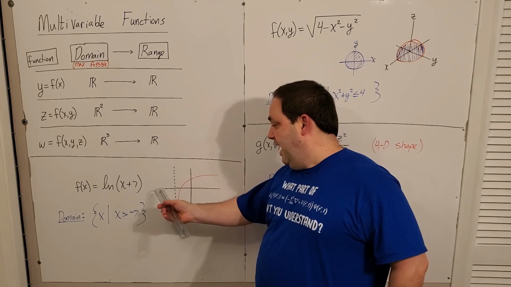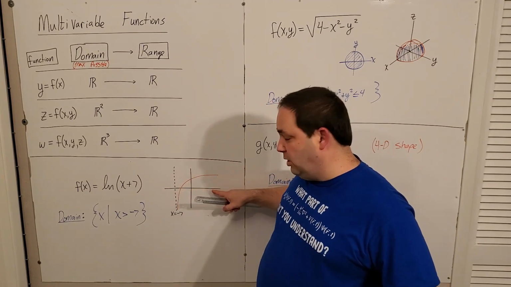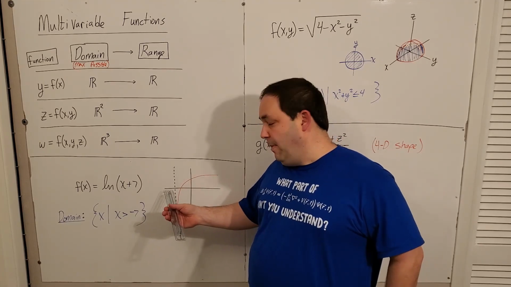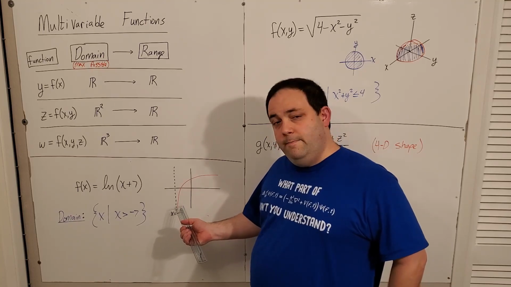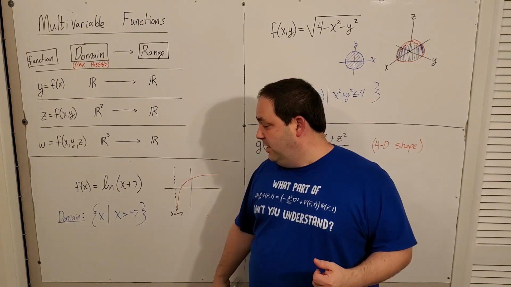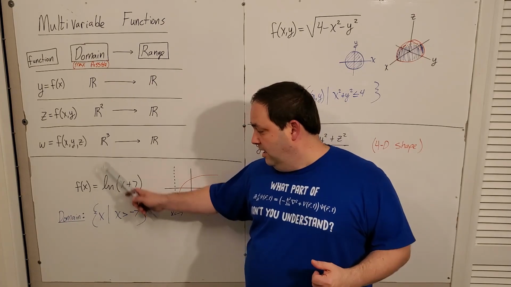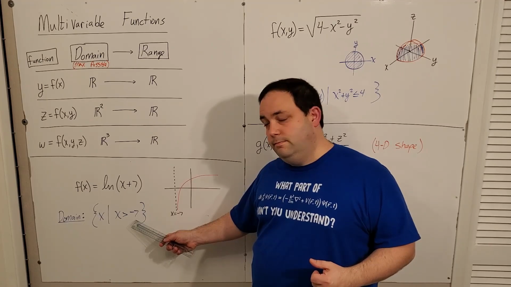R1 is just this x-axis number line. That's what R1 is, just this number line here. And that's where my domain is. You'll notice from -7 on up, those are all values that my x can be. So that's my domain here: the set of all x's such that x is greater than -7.